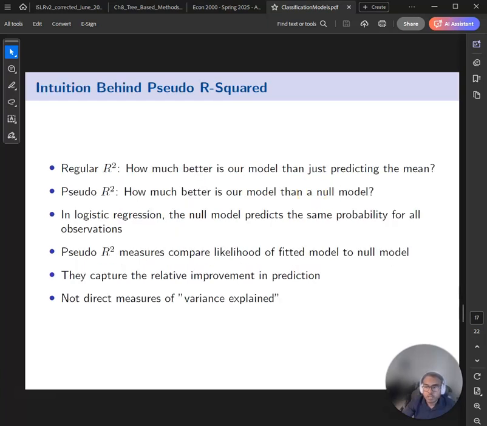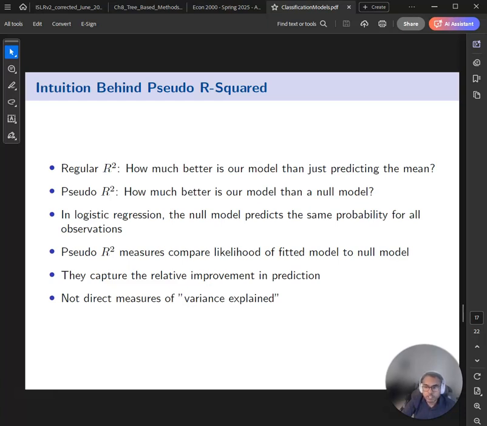To understand pseudo R-squared, let's think about what a regular R-squared does. It asks the question, how much better is our model than just predicting the mean for everyone? Pseudo R-squared asks a similar question. It asks, how much better is our model than a null model?